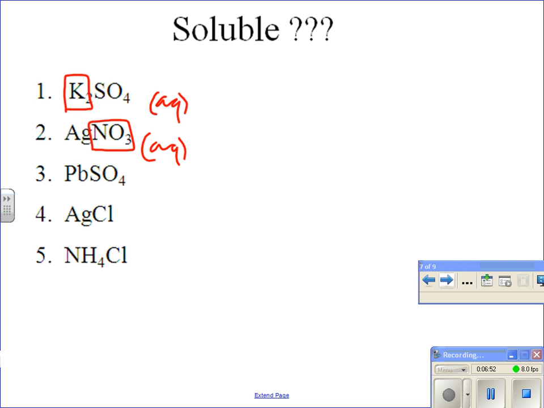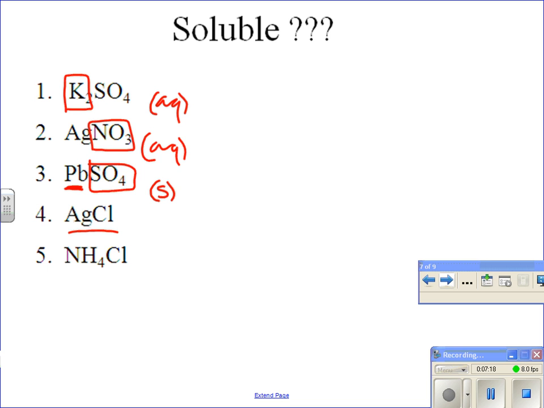Number 3, PbSO4. Well, the rule for sulfates is all sulfates are insoluble except for 6. Is Pb one of the 6? Yes, it's one of the 3 gangsters if you look on your sheet. PbSO4 we say is insoluble, but we show it as a solid, meaning a little S in parentheses, a little S subscript. AgCl, soluble or insoluble?